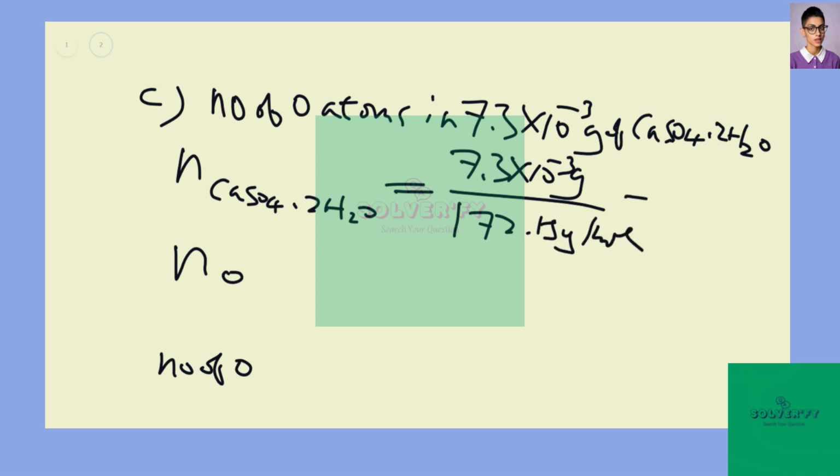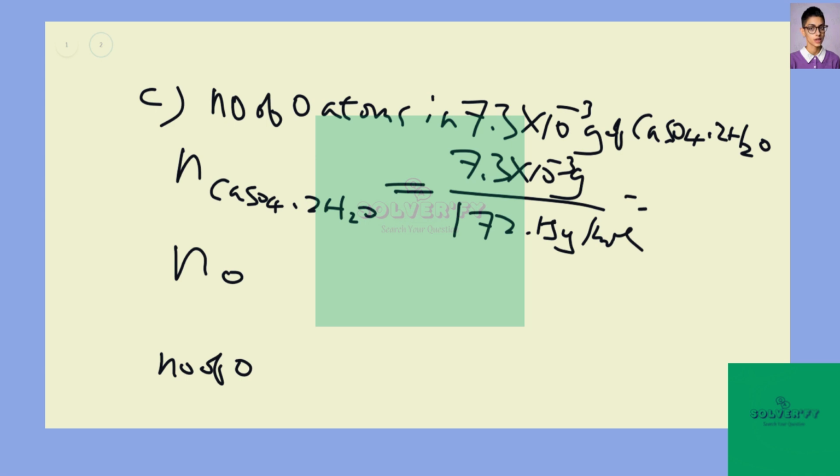So we have calcium plus sulfur plus oxygen plus water. So we have 172.14 gram per mole.